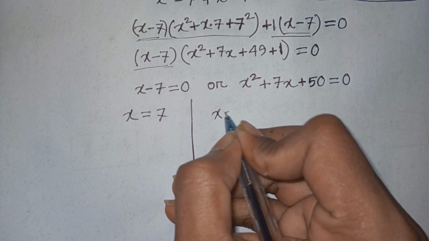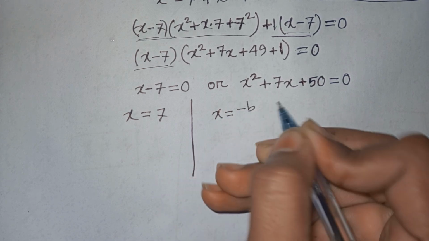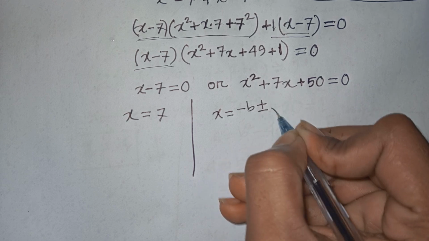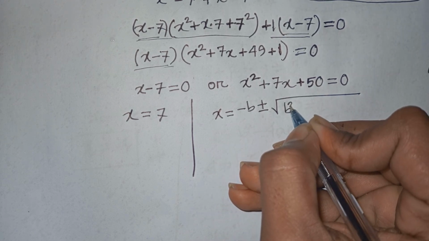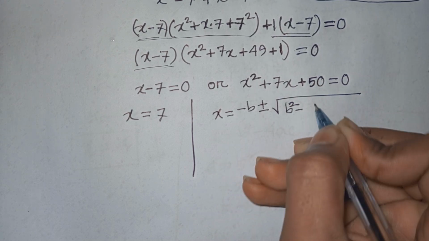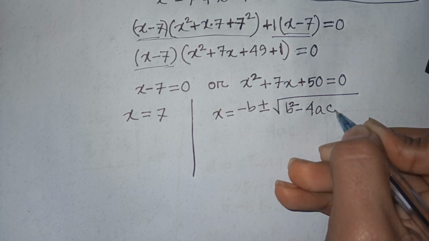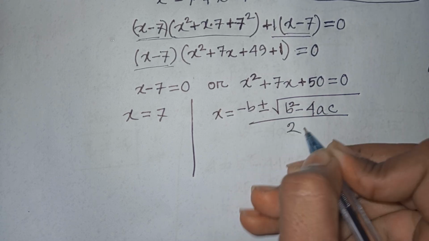We can write here x is equal to minus b plus or minus square root of b square minus 4ac divided by 2a.